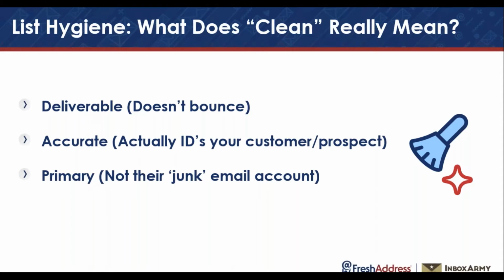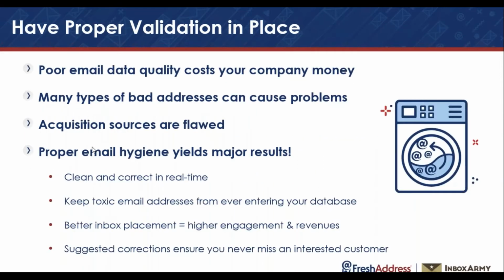And we'll talk to you a little bit about how you can do that. Make sure you're using a primary email address, one that people are still using. Most people have many more than one email address nowadays. So you want to validate that the email address they give you is still a working email address. And then have a proper validation in place.